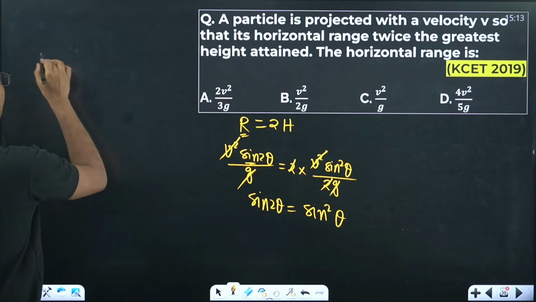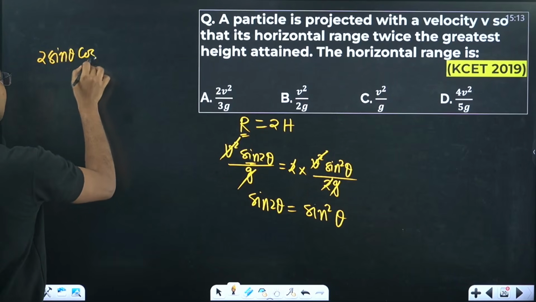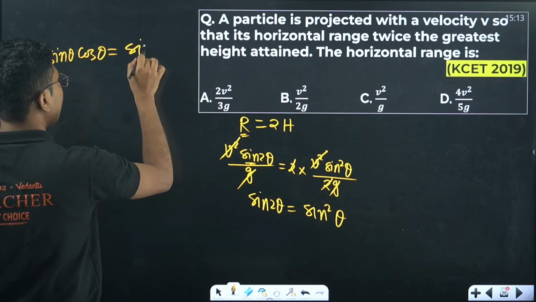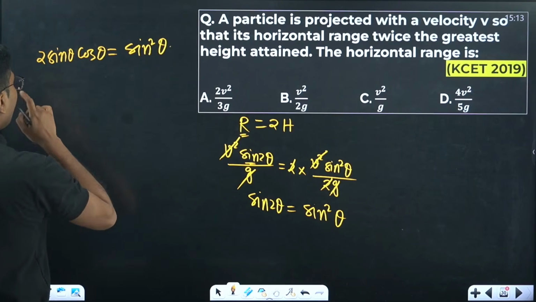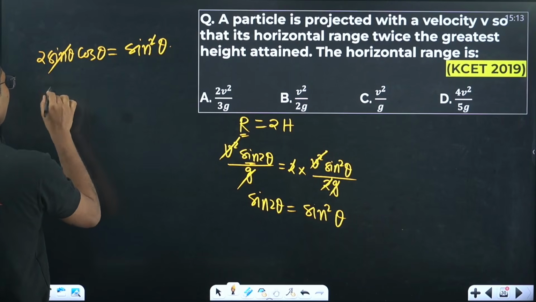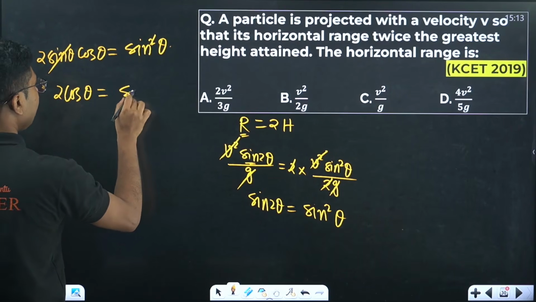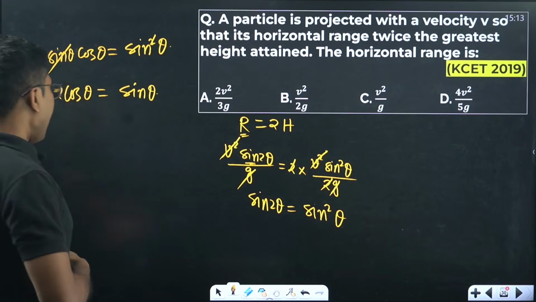So sine 2 theta means 2 sine theta cos theta equals sine square theta. Sine cancels, we get 2 cos theta equals sine theta.